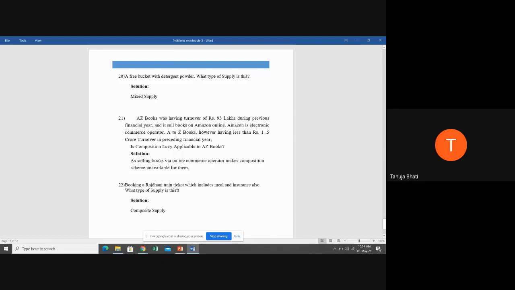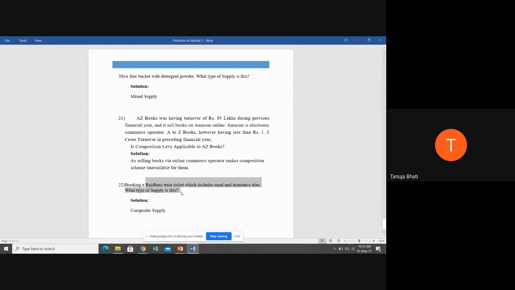It comes under composite supply, the reason being the train ticket here is the principal supply. Along with the train ticket, meals and insurance are also covered. You can get meals and insurance otherwise also, but here the meals are provided during your travel in the train, and the insurance is covered for your travel, and the amount of both is included in the train ticket, so it is naturally bundled, because just to have meals you will not purchase a train ticket, students, right?